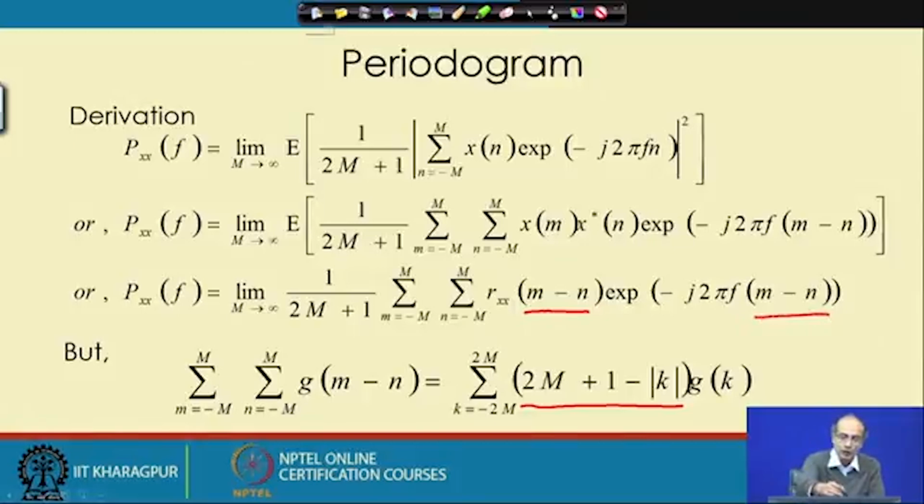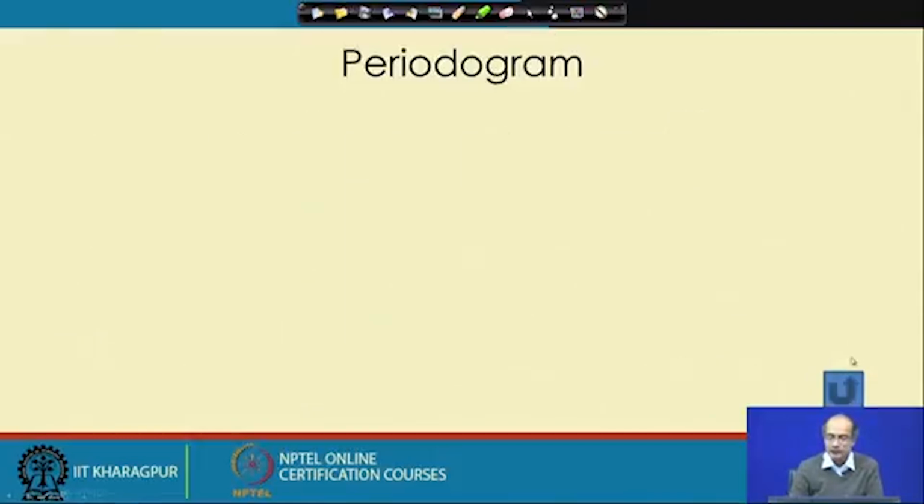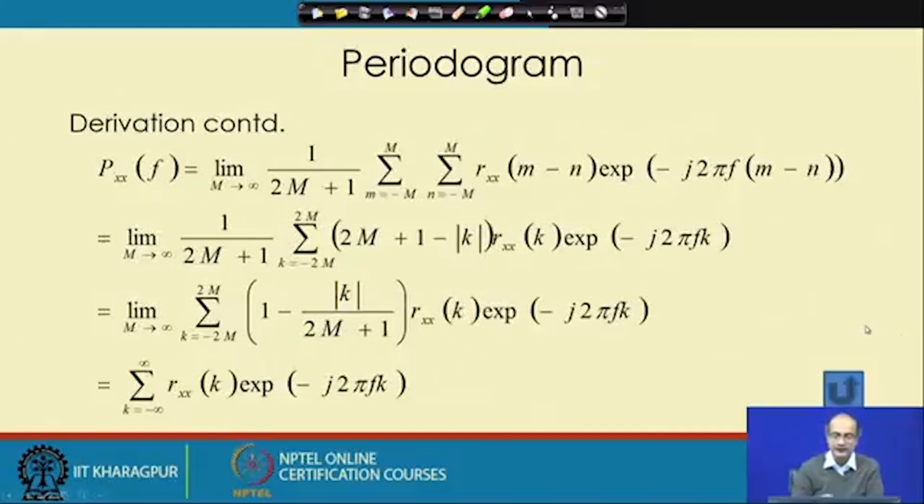Okay. So, using that we simplify and we write this expression in a simpler way. We see it in the second line, that we take the new index k, and with the help of that we can write it in the form of a single summation, okay, of r x x k and exponential minus j 2 pi f k.